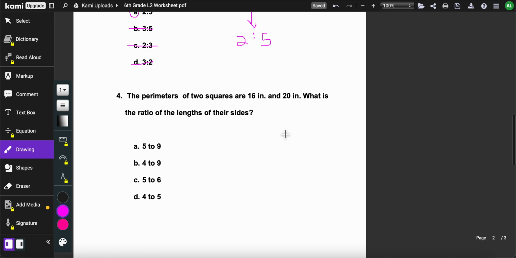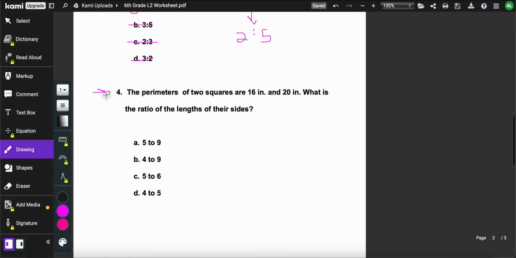Let's look at number 4. The perimeters of 2 squares are 16 and 20 inches. What is the ratio of the lengths of their sides? Let me draw it out for you so it's a better visual.